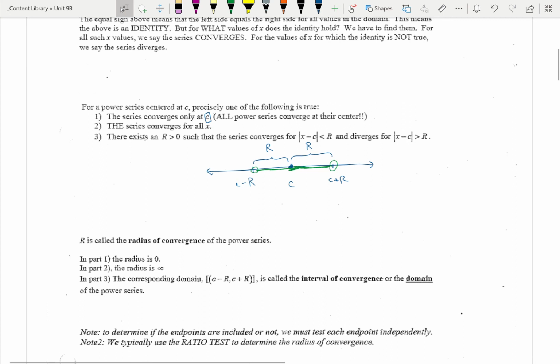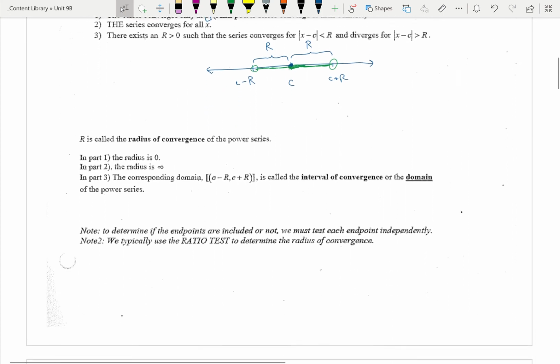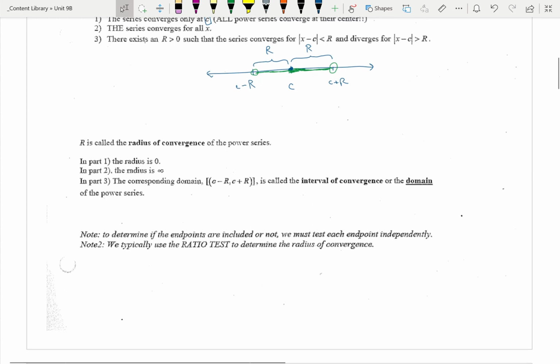It's kind of nice to have one test that we're going to use each and every time, and that's going to help us figure out what r is. So we remember the ratio test, hopefully. The ratio test gives us that the series converges if we take the limit as n approaches infinity of the a sub n plus first term divided by the a sub n term.